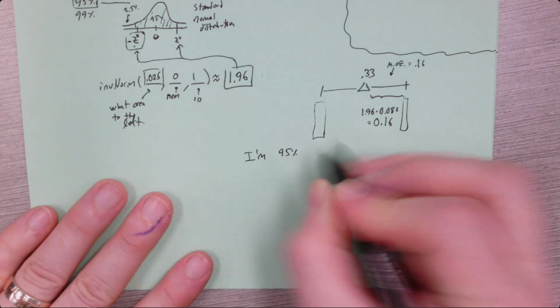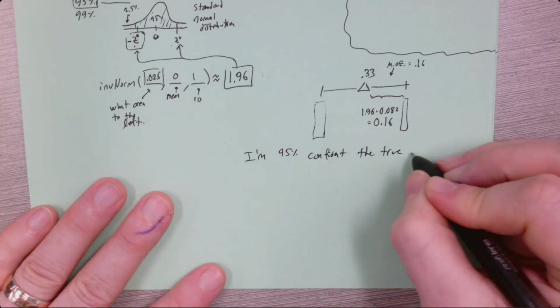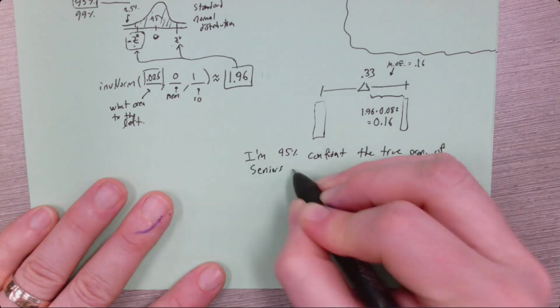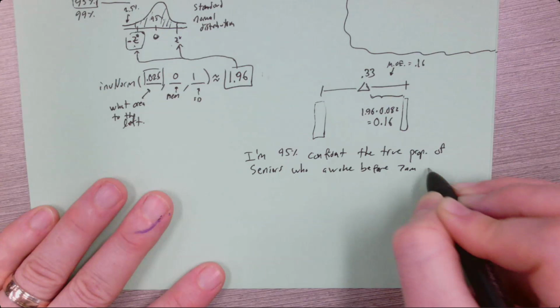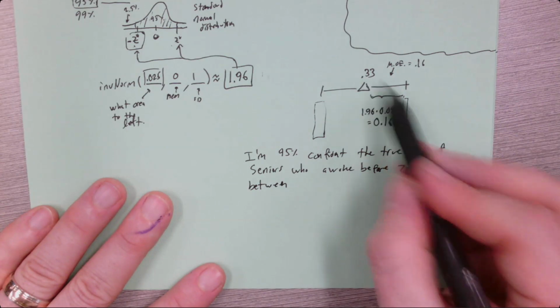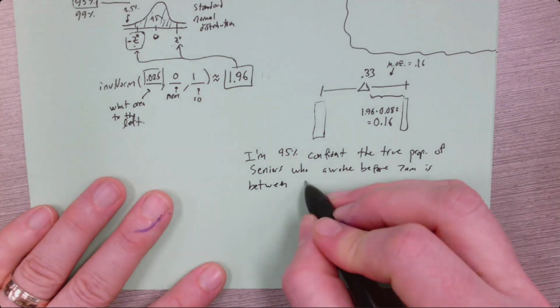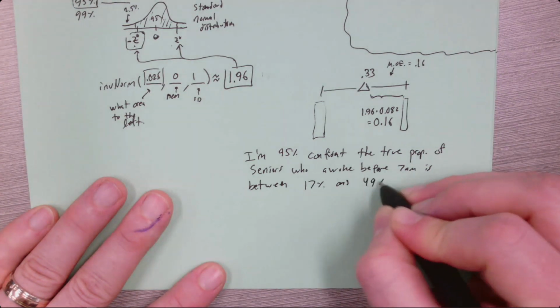I'm 95% confident the true proportion of seniors who awoke before 7 is between, let's see, 33% minus 16% is, you could probably do that in your own minds, 17%, and 33% plus 16% gives us 49%.